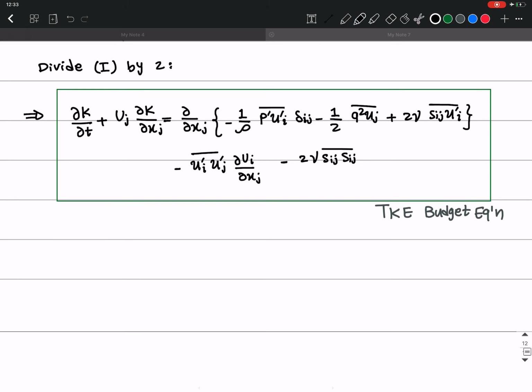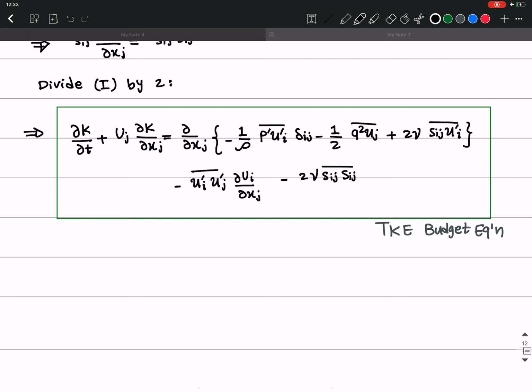So for mean kinetic energy, we can write the budget as d capital K over dt.